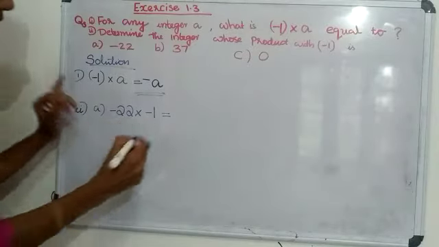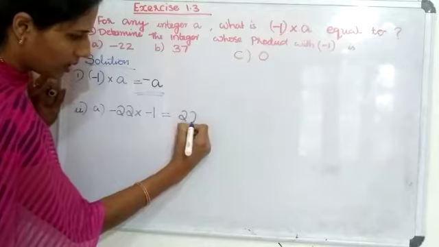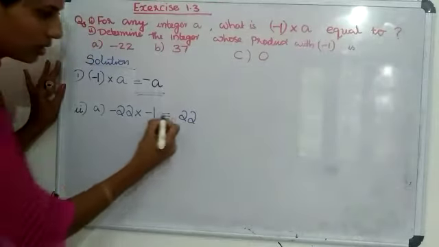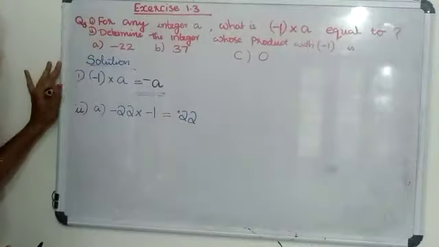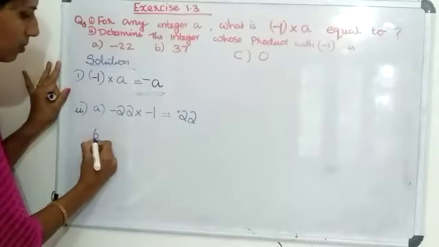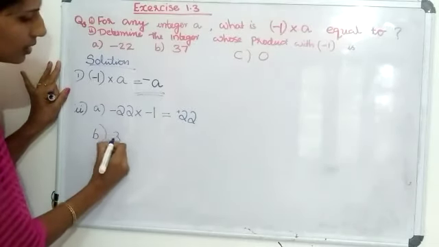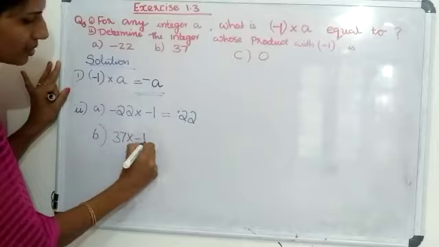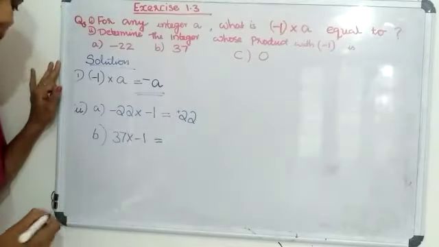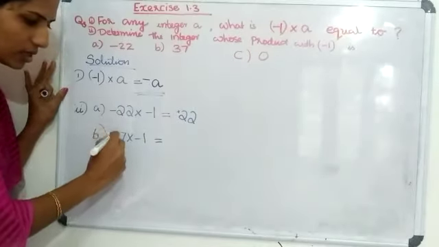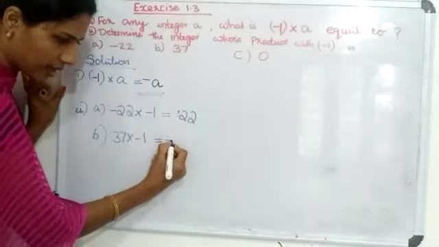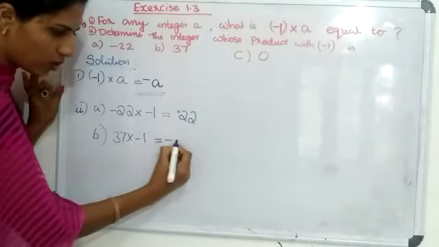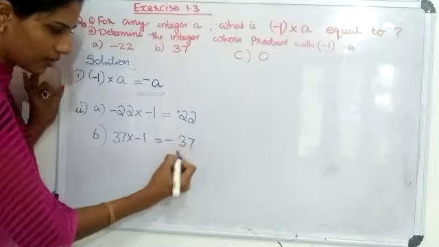First, 22 into 1 is 22. Negative into negative is positive, so plus 22. Then b, 37 into minus 1. What is 37 into minus 1? Positive into negative is negative, and 37 into 1 is 37, so minus 37.